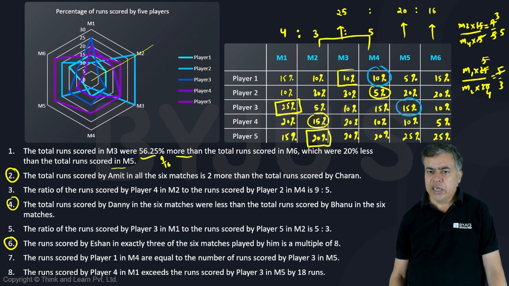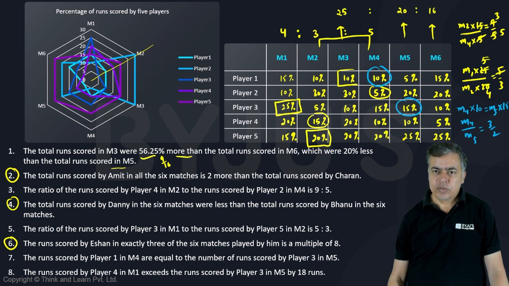Okay, these are equal. So can I say M4 10% is equal to M5 15%? So M4 by M5 is 3 by 2, right? So here the ratio is 3 by 2.